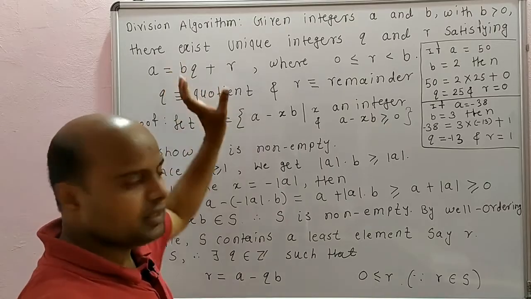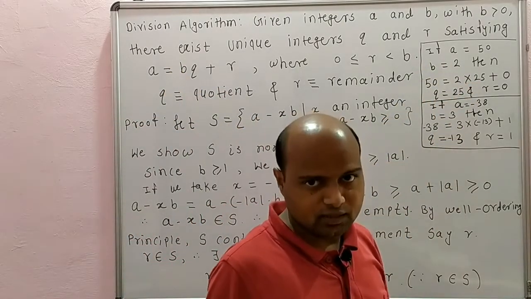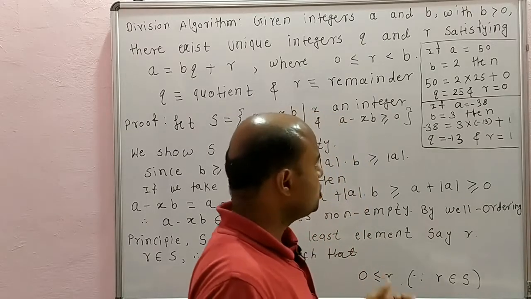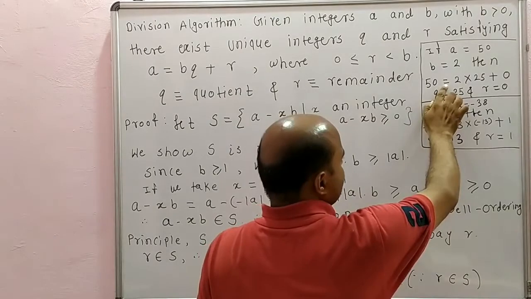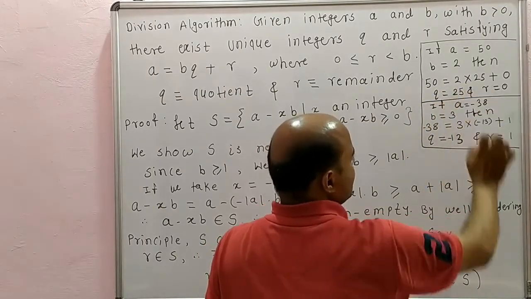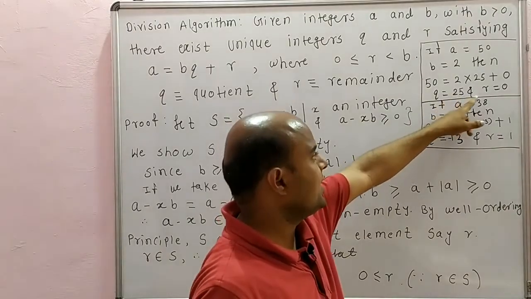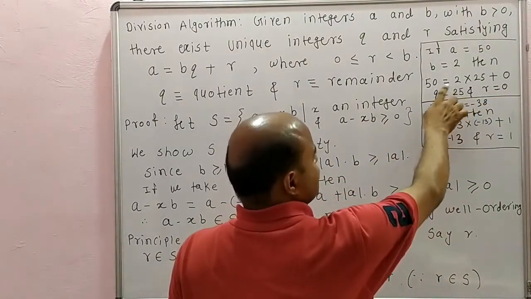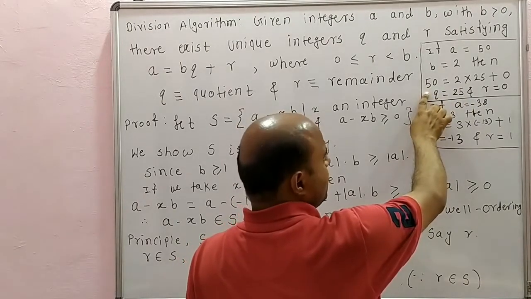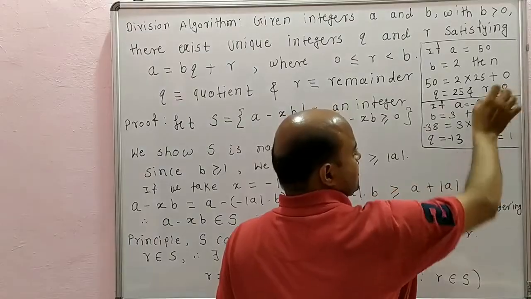I explain this with an example. If we have A to be 50 and B is 2, then I can write 50 equal to 2 into 25 plus 0. That is, Q is 25 and R is 0. See here, 2 divides 50. Therefore, we got the quotient as 25 and remainder as 0.